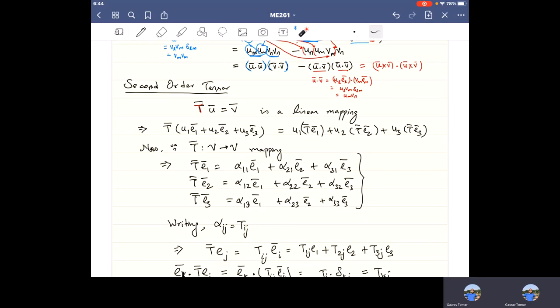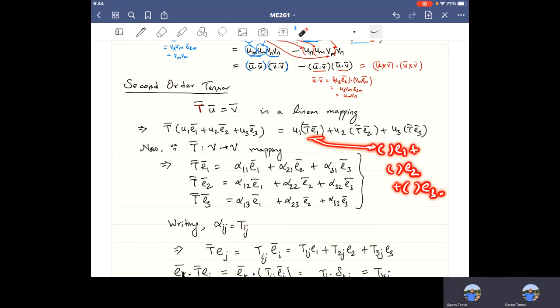So if we write now that T of e1 is mapping this vector e1 to some vector in the other mapped space, you can write this as some factor of e1, if you choose the same basis to write, because it's a vector to vector mapping. You can choose the same basis for both the range and the domain. So you can write T of e1 as some summation of this.